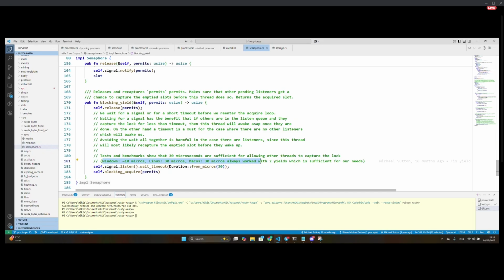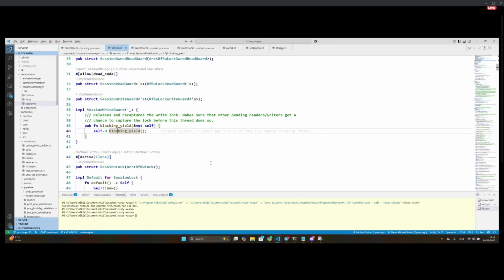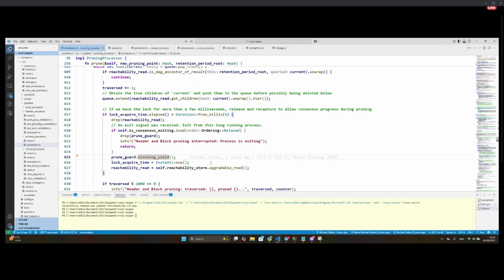It says here that Windows is actually faster, more precise, meaning even just doing the timeout for 10 micros was already enough for the readers to capture. Okay. I don't know. That's unexpected.